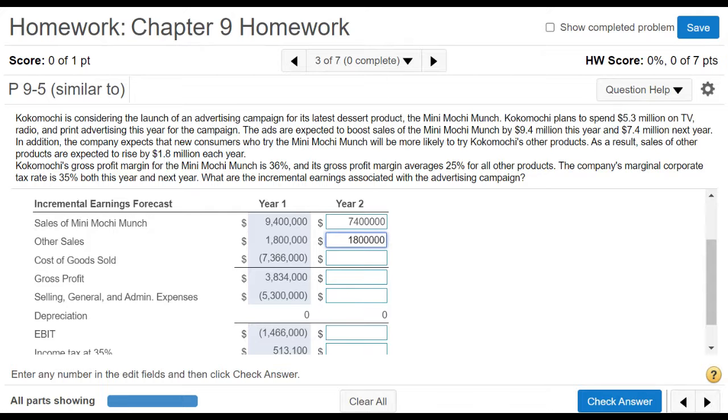So what's 0.64 of 7,400,000? That's 4,736,000. Okay. So this one is going to be 4,736,000 plus 1,350,000. How much is that?